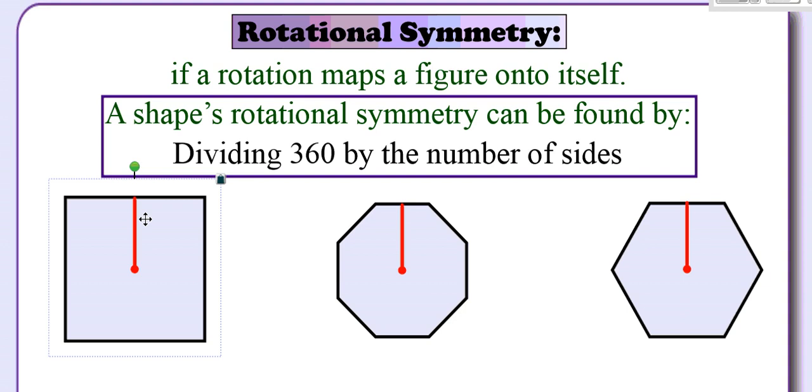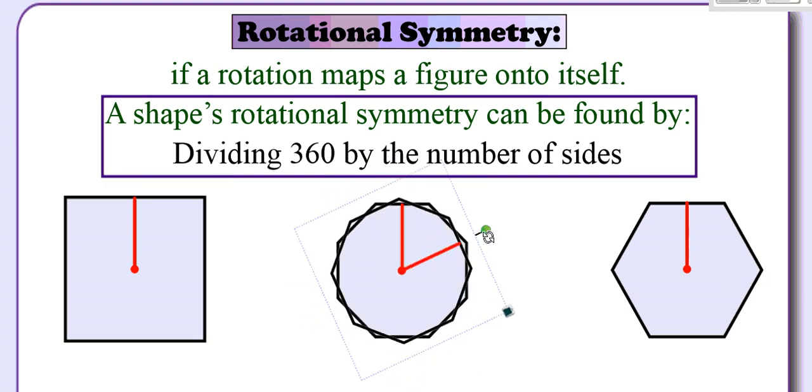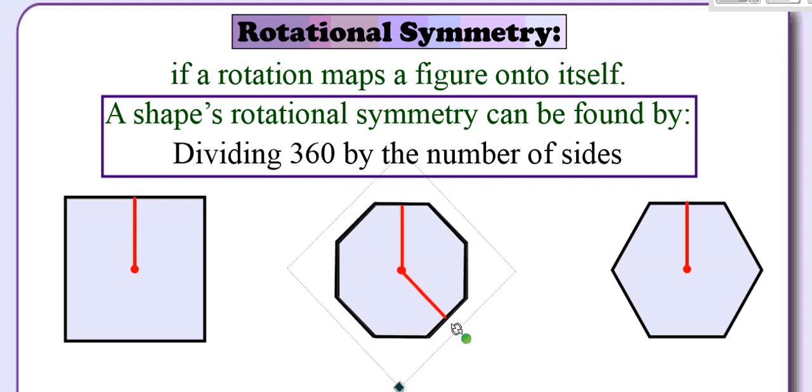So just for a quick little demonstration, here's a square. It's got 4 sides, so that makes sense because we can turn it once, twice, 3, 4 times, and it's back on itself, back right where it started. So you can see all the way around. Same thing here with the octagon. 1, 2, every side matches up. 3, 4, 5, 6, 7, 8.